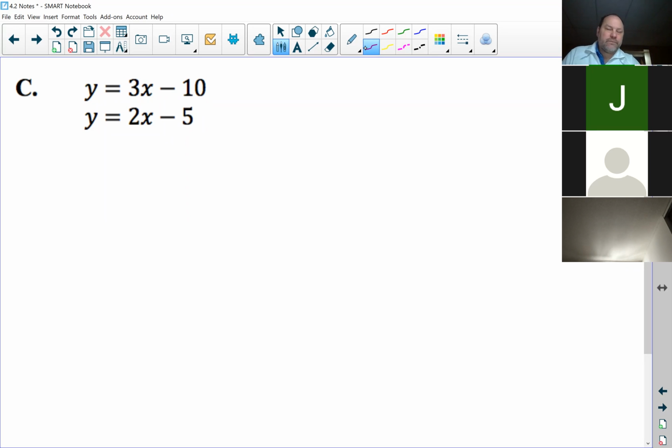We can work with that. What we're going to do in this case is take the 3x minus 10 and substitute it in for the y in the other equation. So basically, we're going to set both right-hand sides of the equations equal to each other.